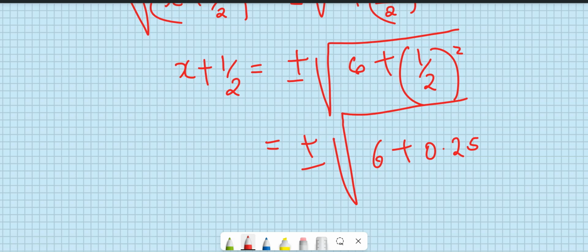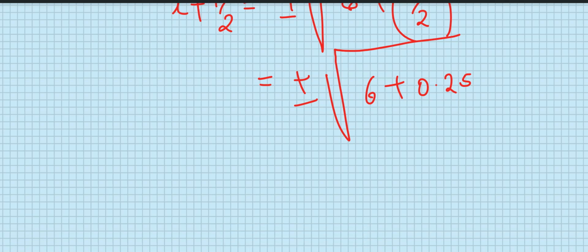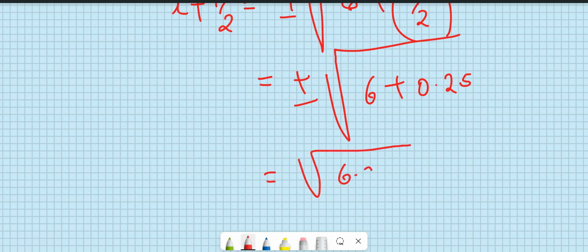So this is 6.25 if you add it. So this means that we are solving the right hand side first. So this gives us the square root of 6.25. You can use your calculator to solve that. x plus a half equals to the square root of 6.25, but remember there's a plus or minus. This plus or minus is very important because it gives us two possible answers.